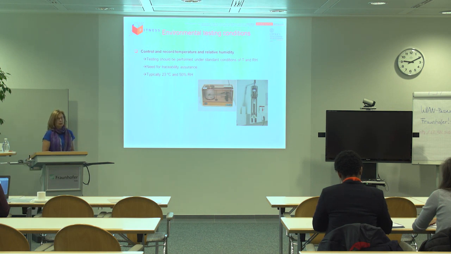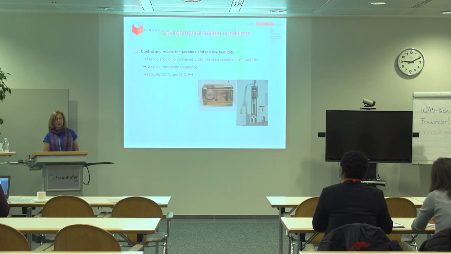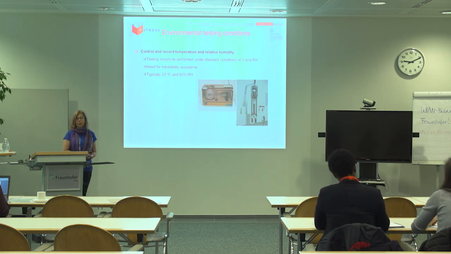First thing to say, it is important to know that in order to get quality results that can be traceable and recognized among parties, it's very important to control and to record the temperature and relative humidity of the environment where the tests are performed in the lab.